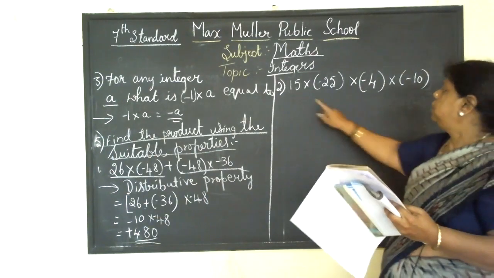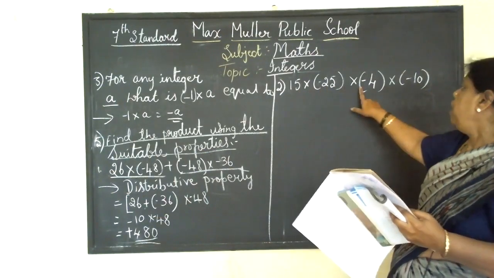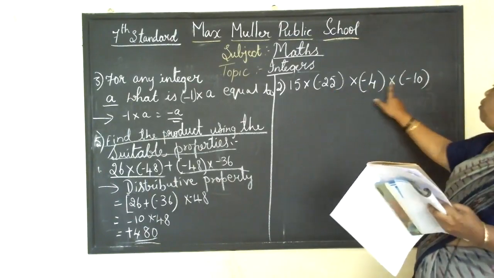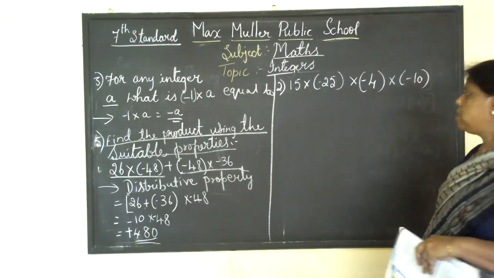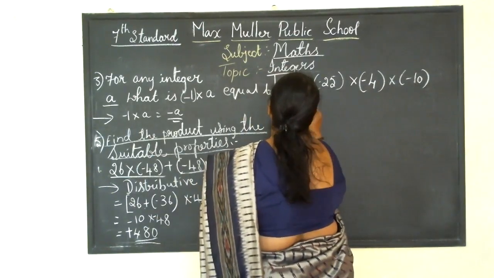See, all of it is separated. 15 into minus 25, that set will be multiplied with minus 4 into minus 10. So, this comes under commutative property.